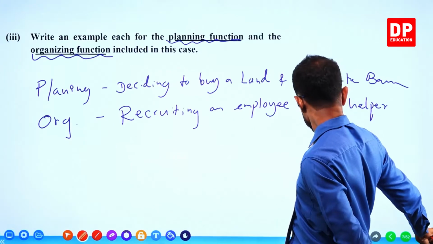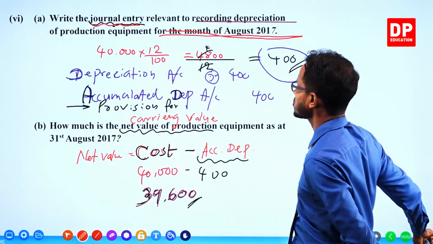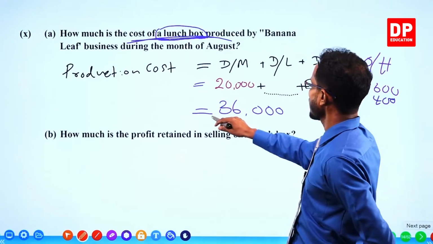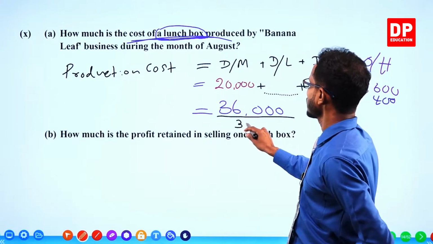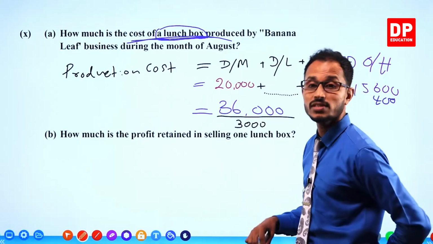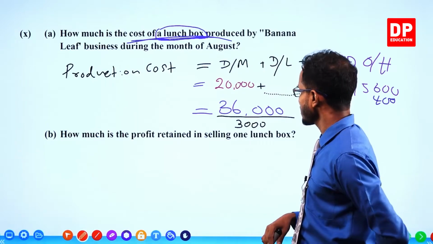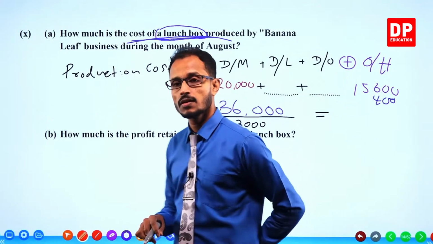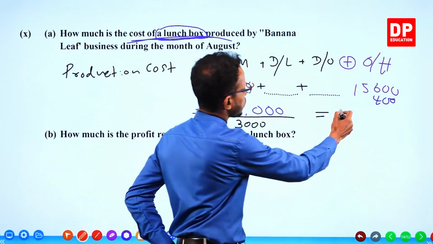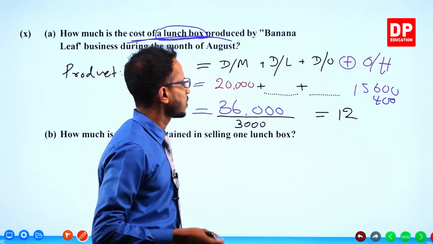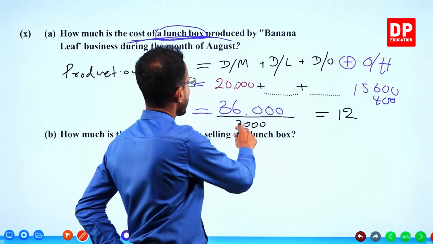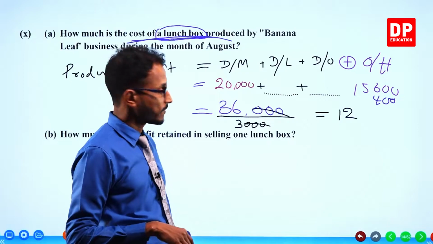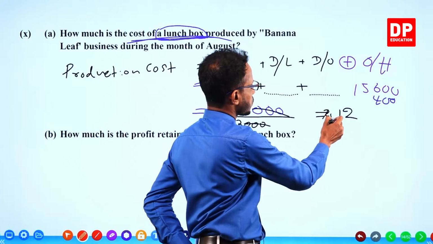Now we know the total production cost divided by number of units produced and sold, 3,000. Answer is what? 12. Yeah, 12 rupees.